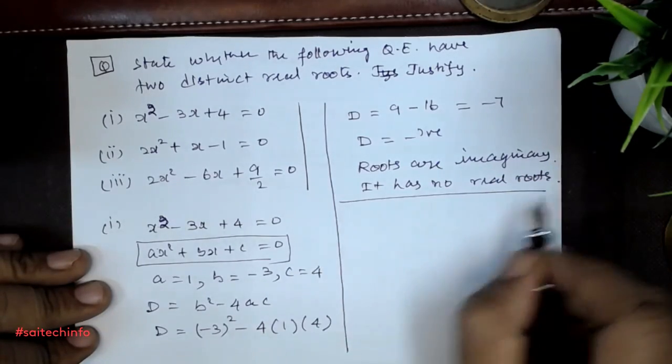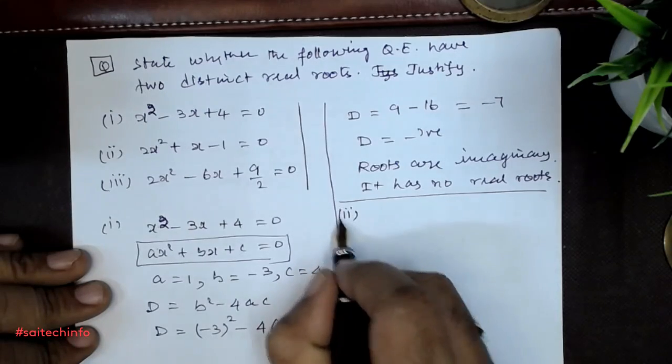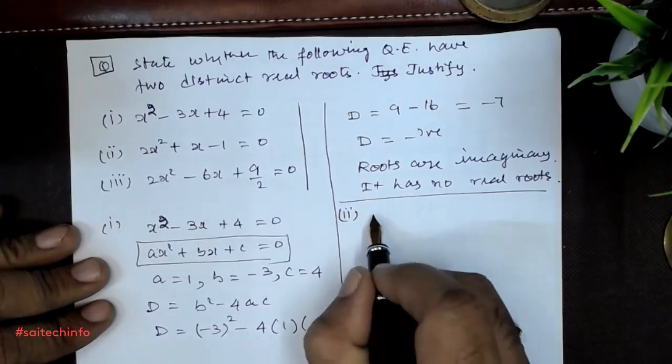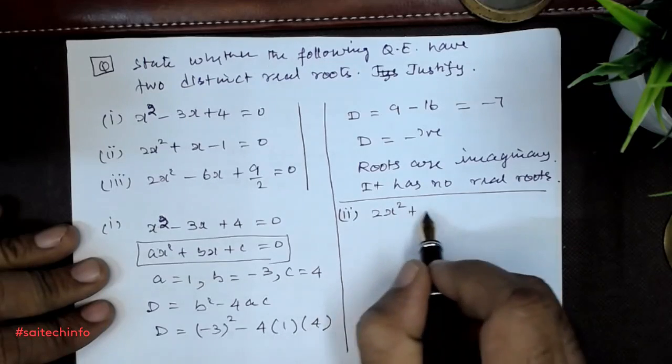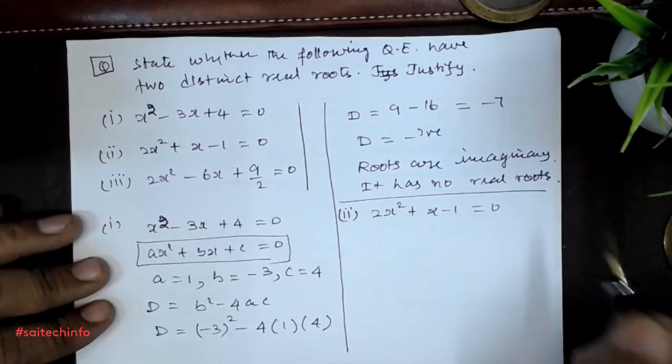Now the second question. 2x squared plus x minus 1 is equal to 0.